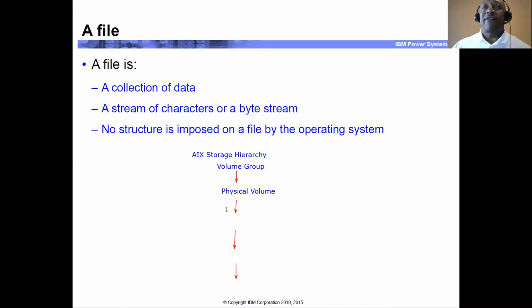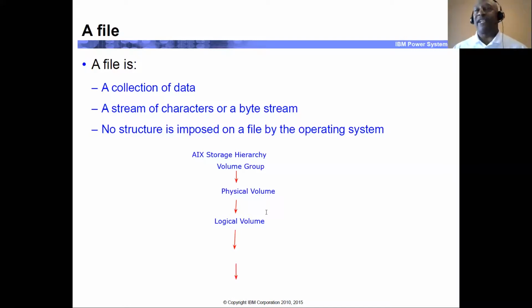And then the next layer we have is the actual logical volume layer, where the logical volume manager operates. So this is our logical volumes. And AIX, more precisely the logical volume manager, uses the concept of logical volumes to address our logical to physical storage mapping.